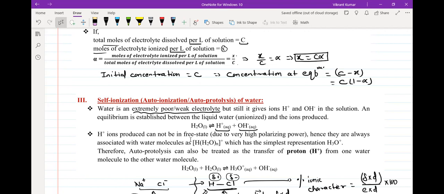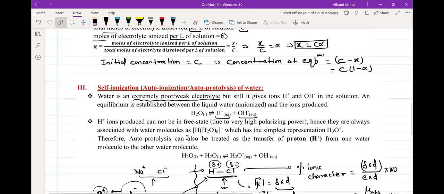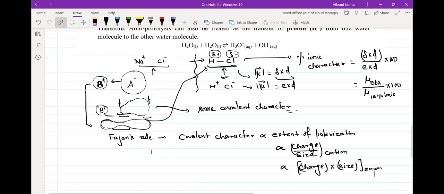And that's why I'm saying कि if I am having H plus, its size is extremely small, and if you say for cation का polarizing power, charge upon size ज्यादा रहे तो कैटायन का पोलराइजिंग पावर ज्यादा होगा, तो extent of polarization ज्यादा होगा.